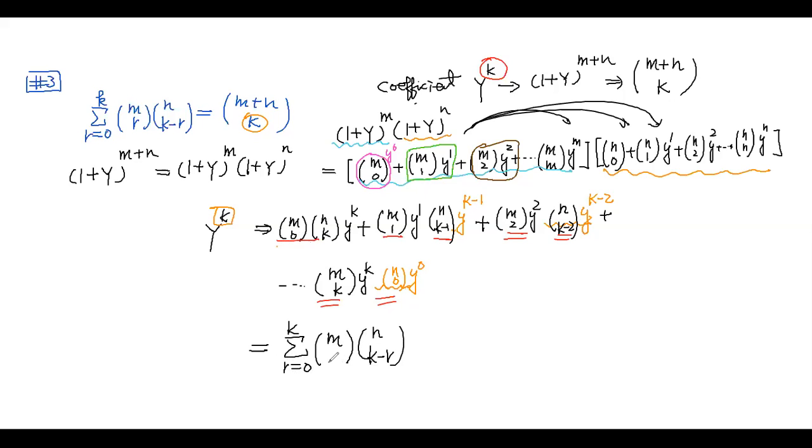So this one here is r, right? So when r equal to 0, all of this will give you the coefficient of the y to the k. That's how we prove it. So the summation r equal to 0 to k of m choose r times n choose k minus r is equal to m plus n choose k.